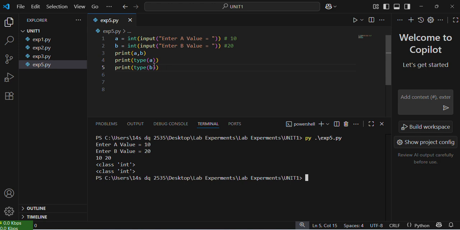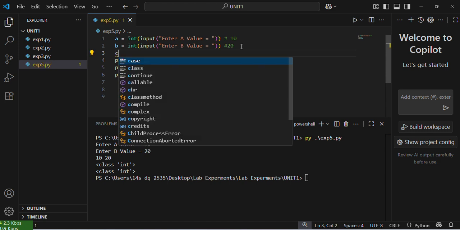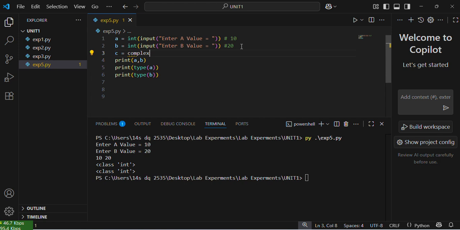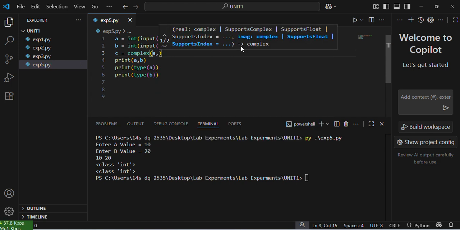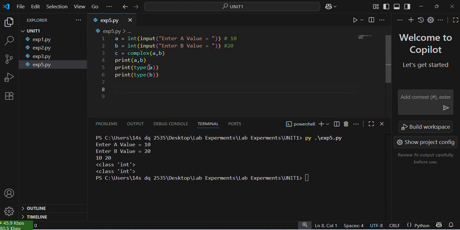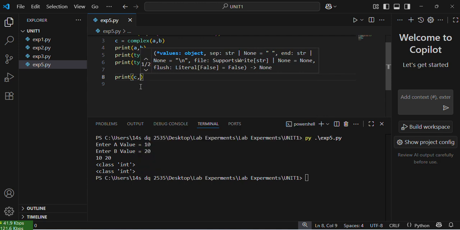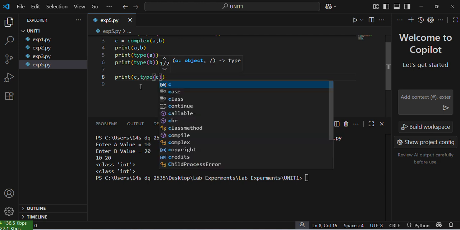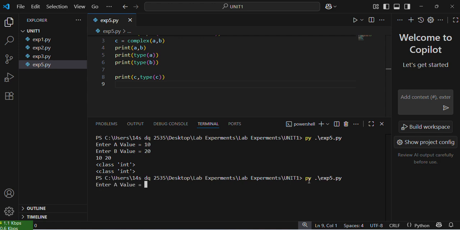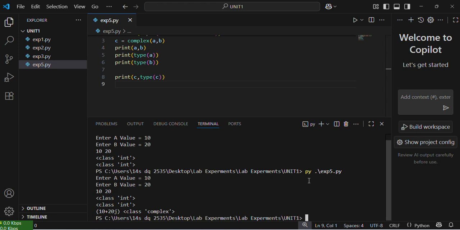That's why I am converting the a and b values into complex numbers: c equals complex of a, b. Print the c variable and its type. Running again with a equal to 10, b equal to 20, the value coming is 10 plus 20j. 10 is the real part and 20j is the imaginary part.